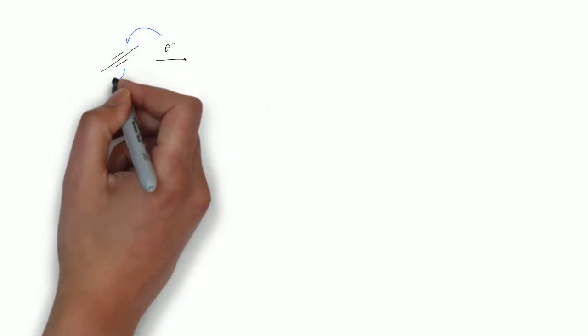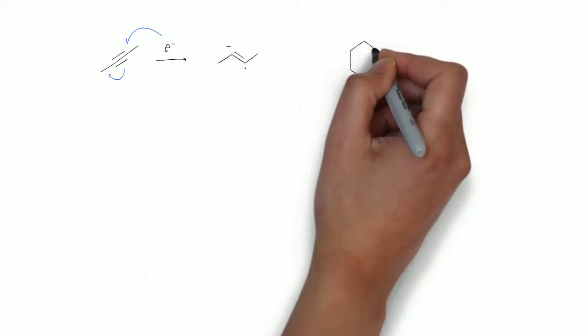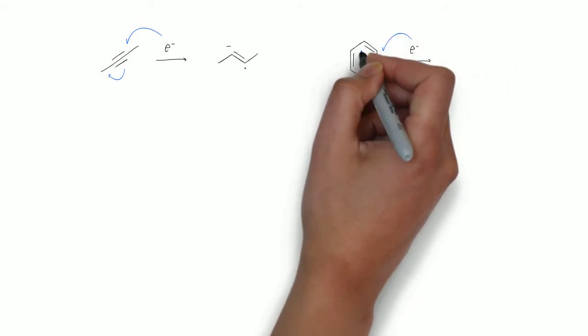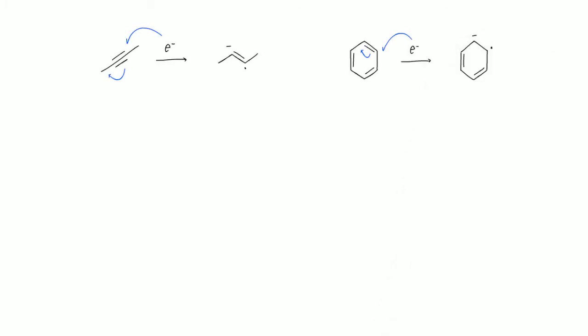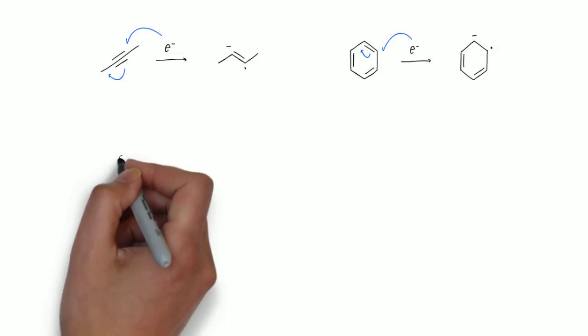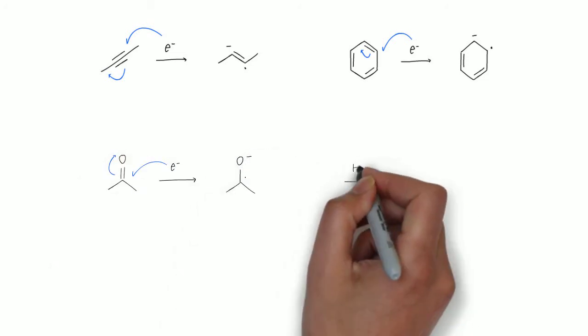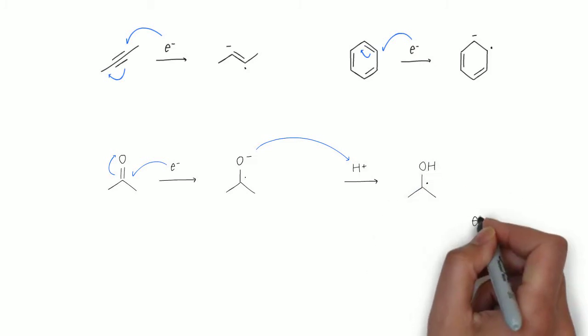Let's suppose we generated a radical anion by adding an electron to what, Sammy? The alkyne. Yeah, an alkyne. That would be but-2-yne. And then if we protonate it, we would get a radical. We protonate the anion part and leave the radical part behind. This radical anion is formed from a ketone, and if I protonate it, I will get a radical carbon-centered, protonated on the oxygen.